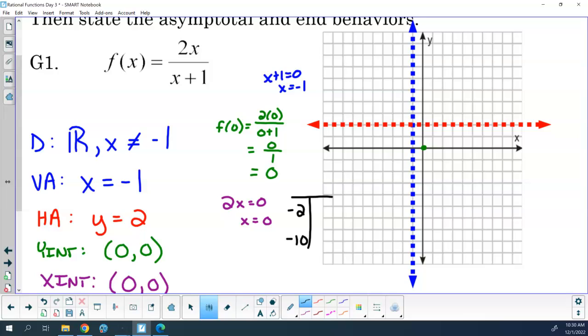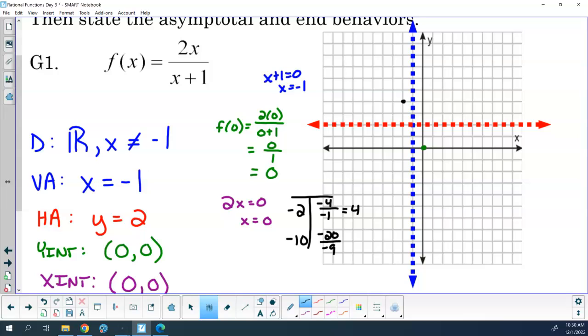If I plug -2 into my function, I've got -2 times 2 is -4, divided by -2 plus 1 is -1. So that gets me 4. If I plug in -10, I get -20 over -9. Now, -20 divided by -9 is just a little bit more than 2.